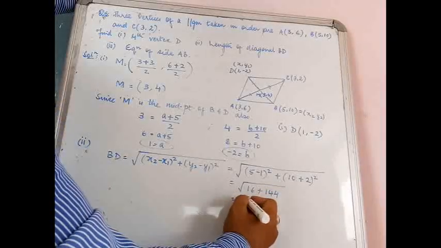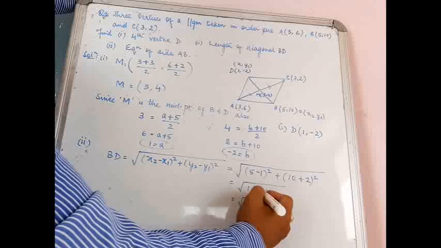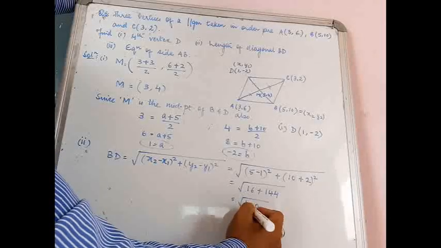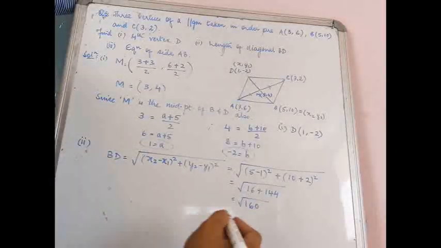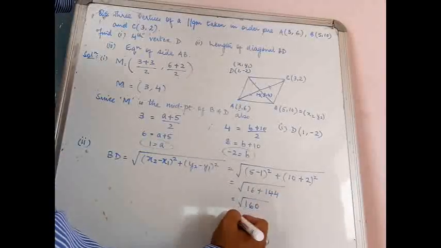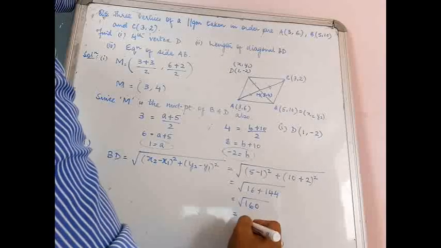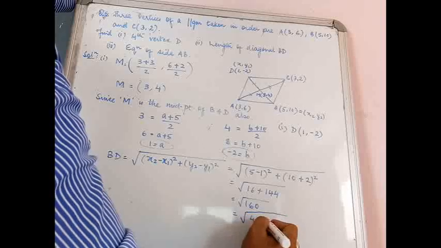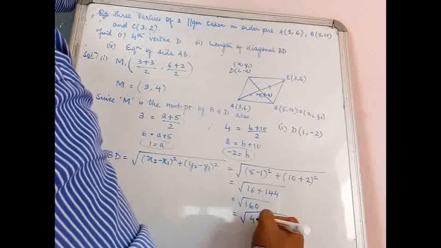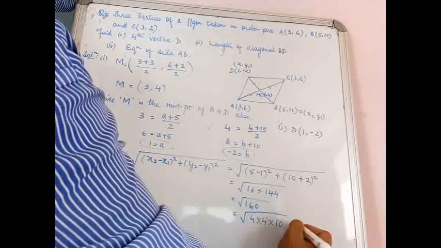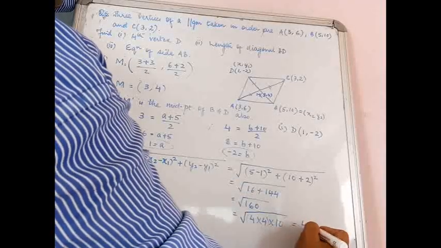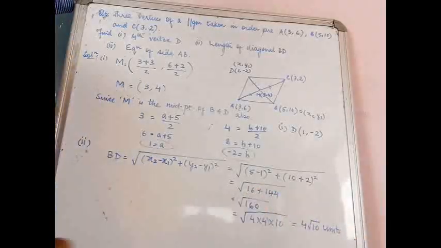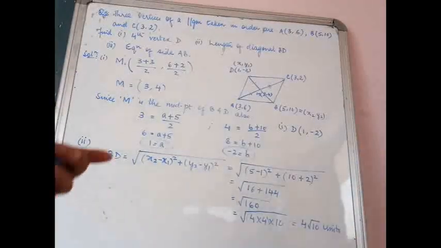So you are going to get root 160. Obviously this can be done further by factorization. You can write 160 as 16 into 10, so the 4 comes out. So you will have 4 root 10 units.